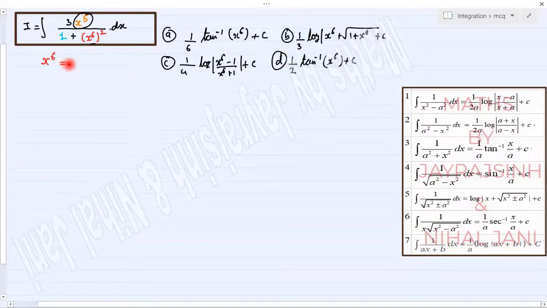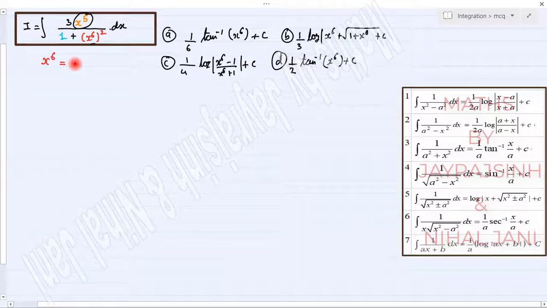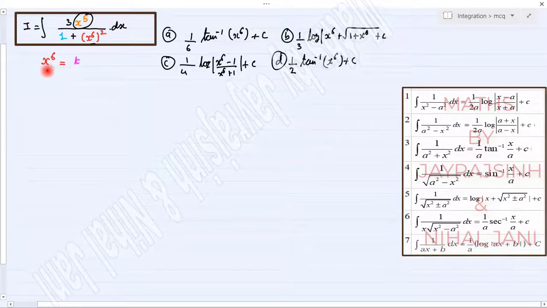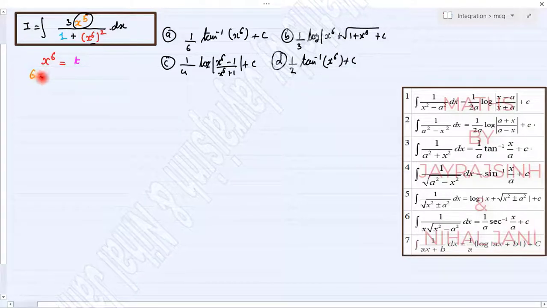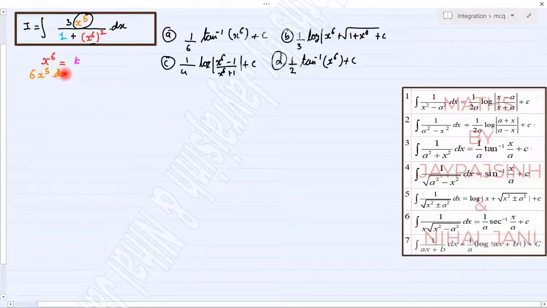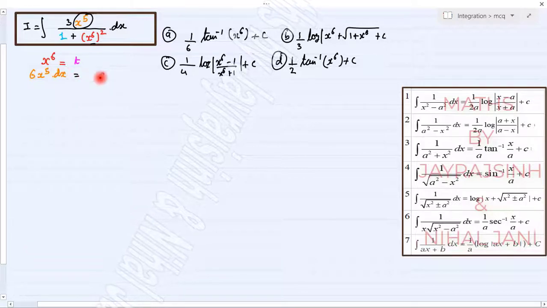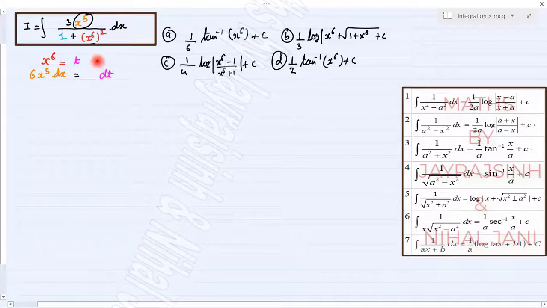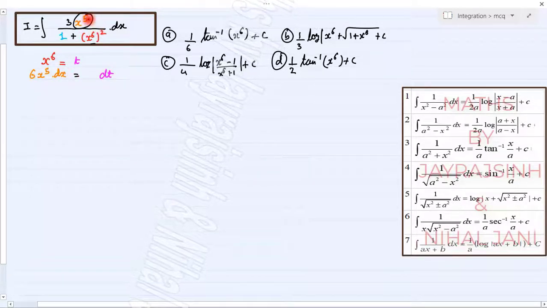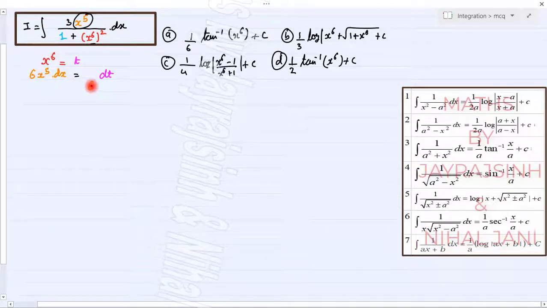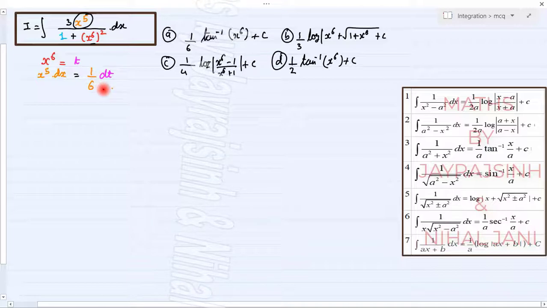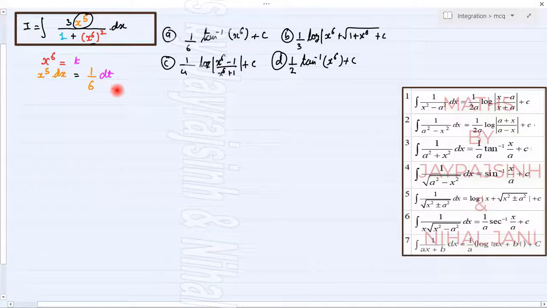So, it is preferable that we assume x raised to 6 is equal to t. Differentiating both the sides, we get 6x raised to 5 dot dx is equal to dt, but we have x raised to 5. Now, we have to move this constant term on the right side. So, it will become 1 by 6 dt.